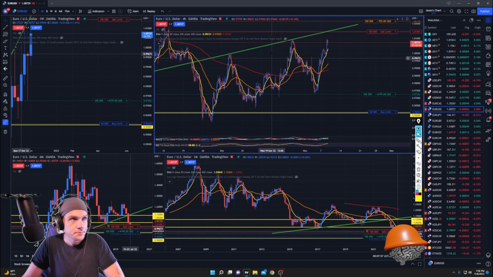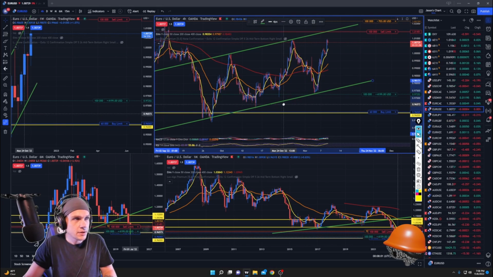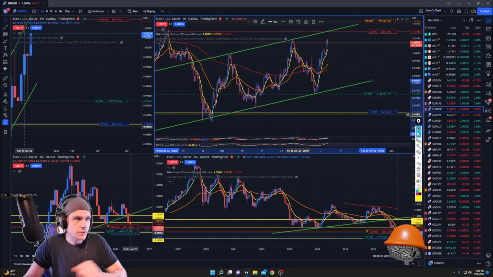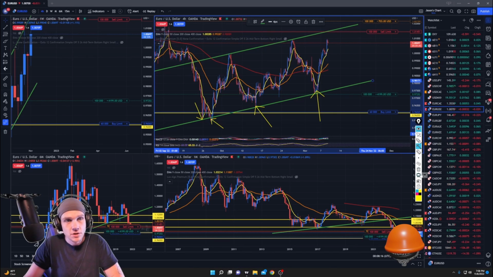But I just took the top line, copied it, and dragged it down to right there. Look at that. When the market dropped, it came down and that's what it hit first, right there. Then we had a false break, then a touch, and then another touch. Look at that.